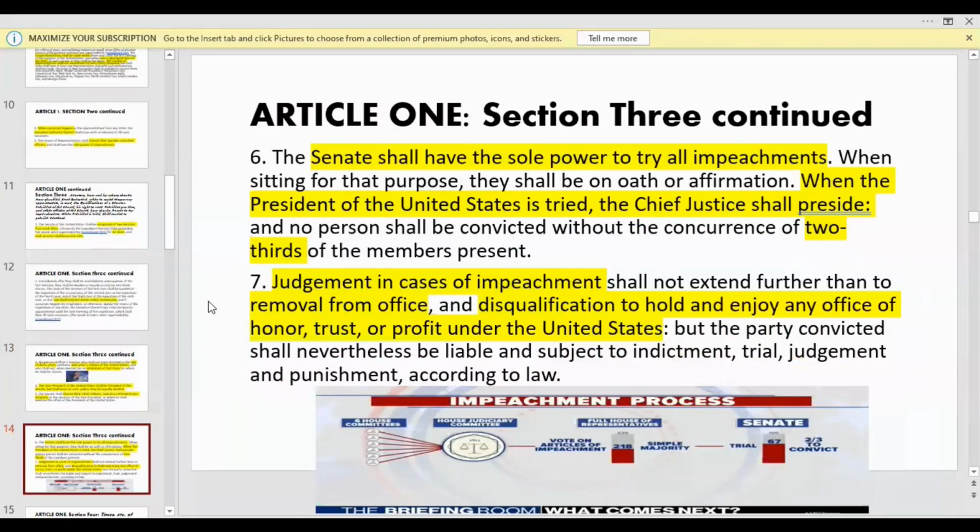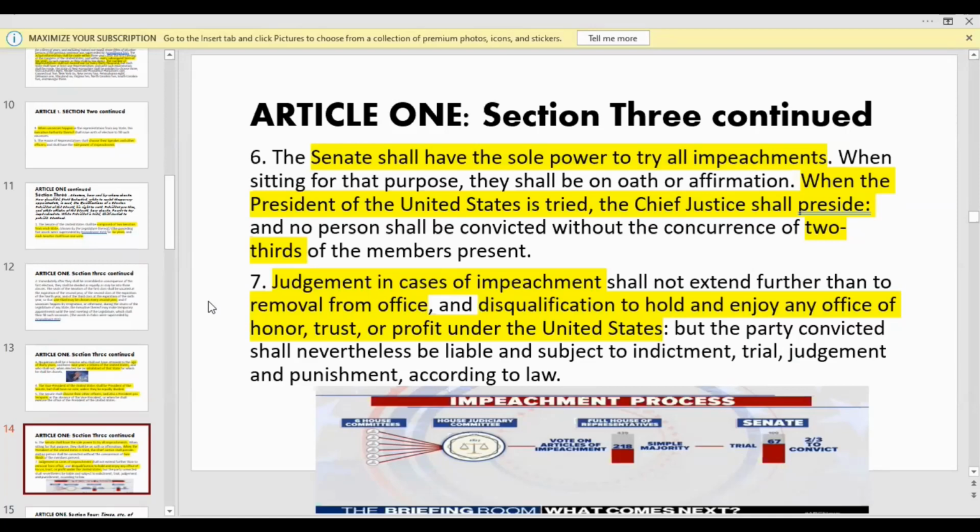Senate shall have the sole power to try all impeachments. So we saw that the House does the impeaching and the Senate will try the impeachments. Interestingly enough, this is something that a lot of people don't know. It's only when the President of the United States is being tried for impeachment that the Chief Justice presides.